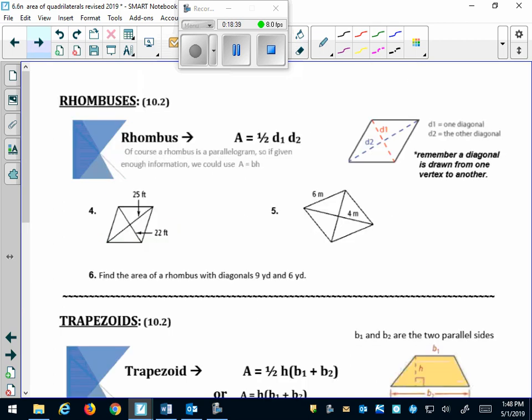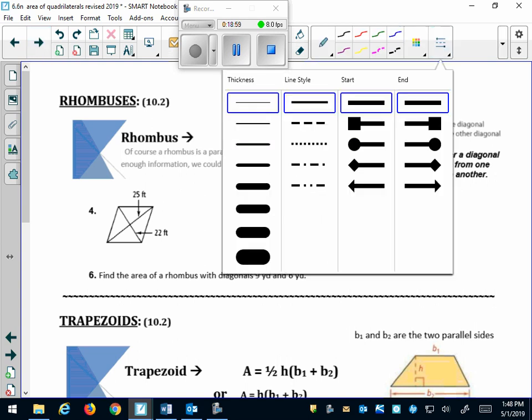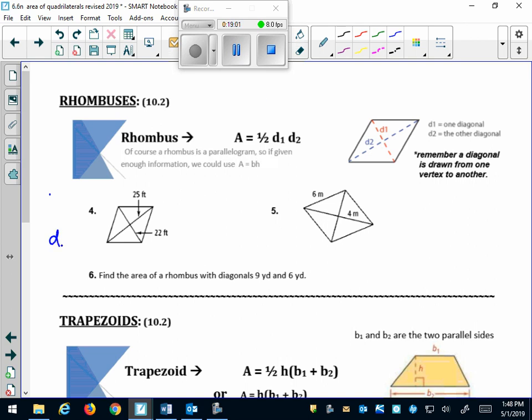All right, so these last few formulas here, rhombus and kite have the same formula. 1/2 d1 times d2, diagonal 1 times diagonal 2. So it's the length of the diagonals. So if I want to do this problem here, I'm going to say, well, what's d1 and what's d2?